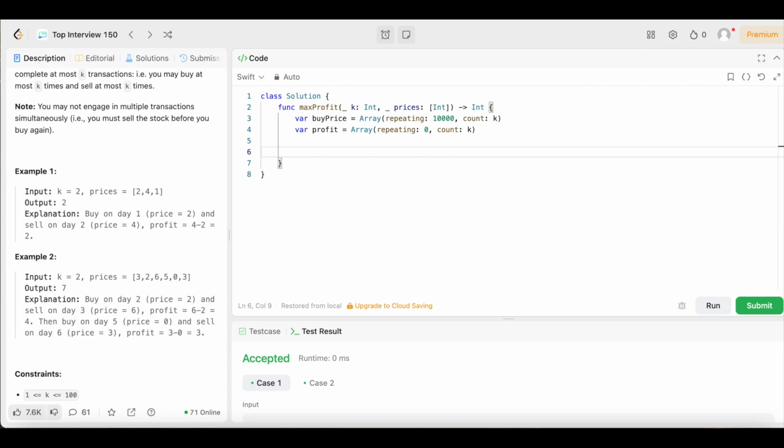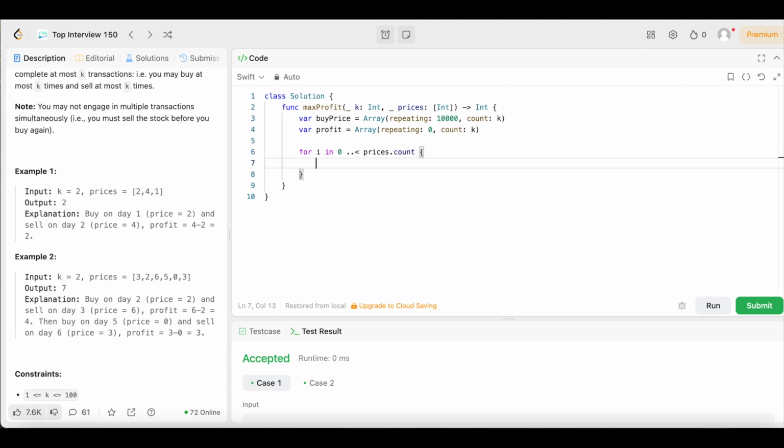So now we need to iterate through each day's price. So in order to do that, all we have to do is say for i in 0 up to prices.count, and that is going to iterate through each day's prices for us. Now we need to iterate through each transaction.